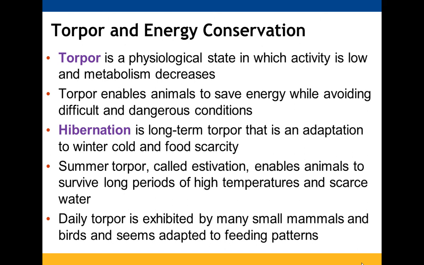I know my cat typically would just kind of chill out unless it was time for food, and then she would be all after that. So it's not terribly surprising that our small mammals and birds are going to have times where their activity is lower because they don't have to do anything right then and there.